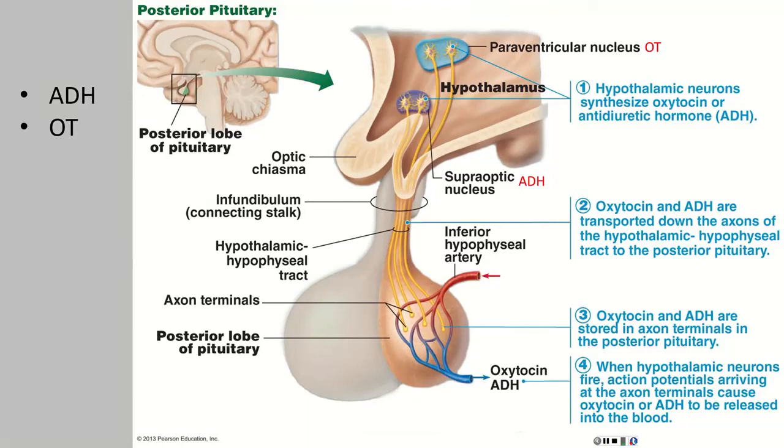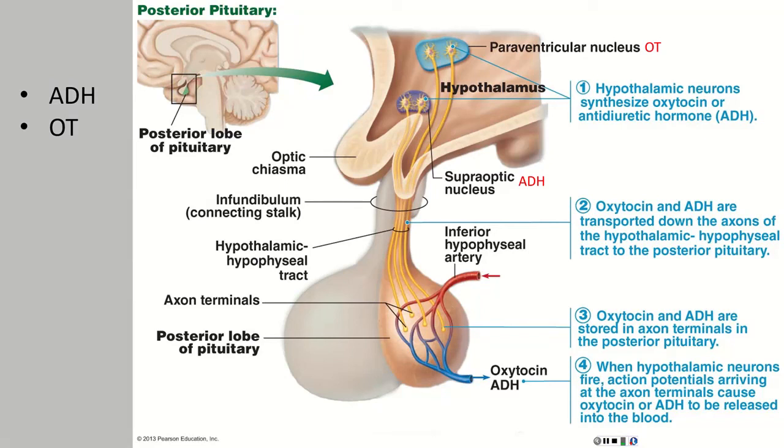ADH, also called vasopressin. What did we say its stimulus was, or its stimuli were? Well, its primary stimulus should be second nature to you by this point: increased plasma osmolarity. But it's got some other stimuli also.